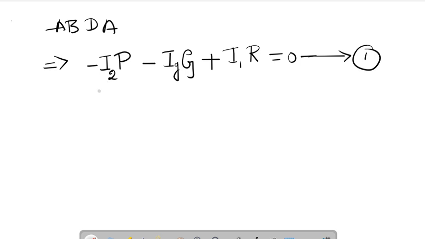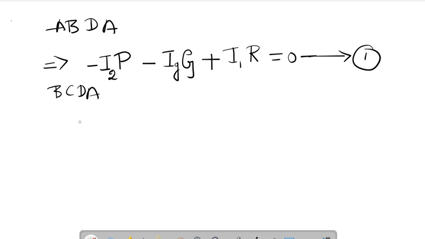Now, in the same way, applying Kirchhoff's loop law to the closed loop BCDA.